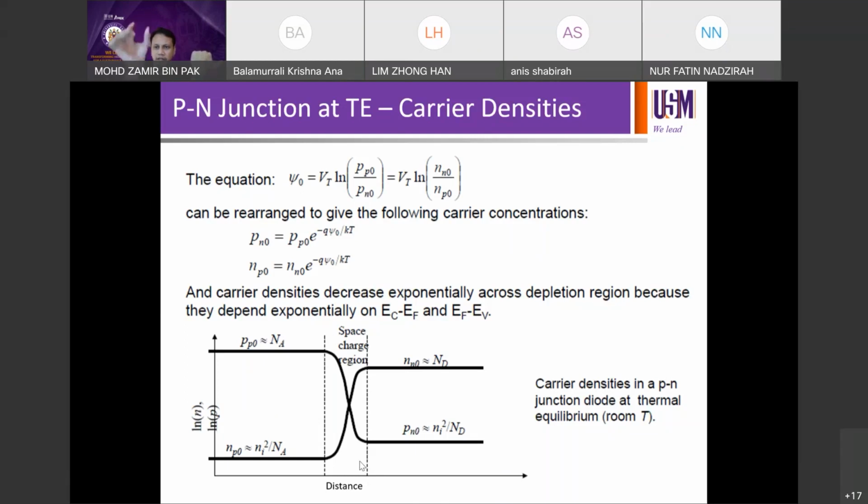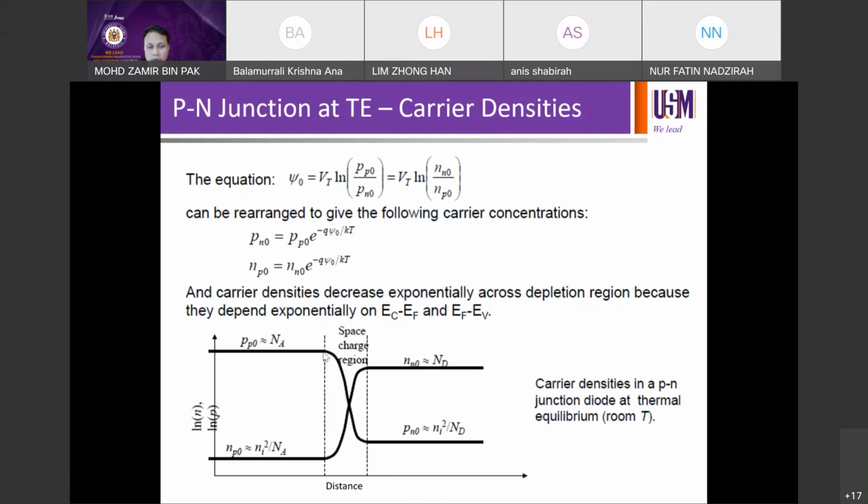In the middle is the depletion region, which consists of fixed ion charges. To relate this to the equation, the original doping level in the P-type on the left is given by Pp naught equals Na, as we discussed a long time ago. On the left, the holes are the majority carriers.